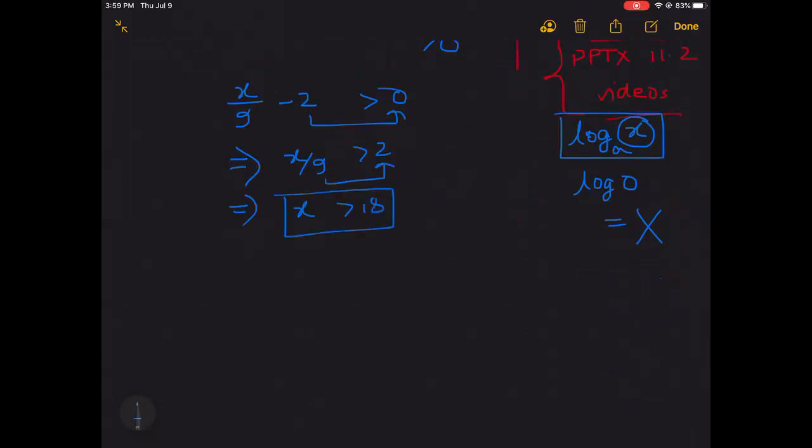And what it means, well, look at the instruction. It says type your answer in interval notation. Again, look at the question very carefully, because it might give you x and leave a blank, and then you need to write greater than 18 or something like that.